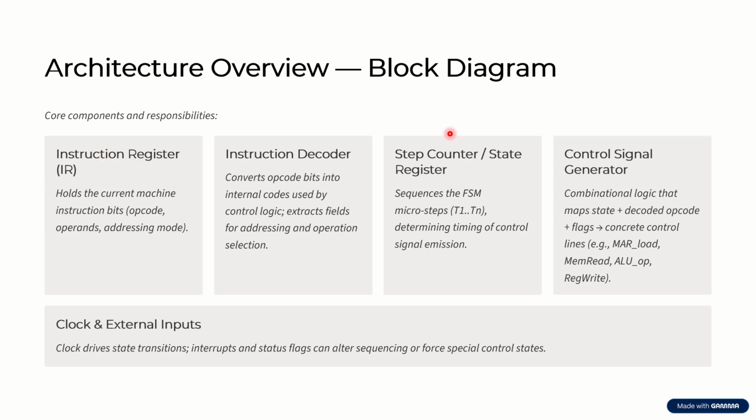The next component is the step counter, or state register. It doesn't do much, but it has only one job: to determine the timing of how the signals will be emitted. The final element is the control signal generator. It generates the signals and sends them to the elements and tells them what to do. Now moving to the next slide.